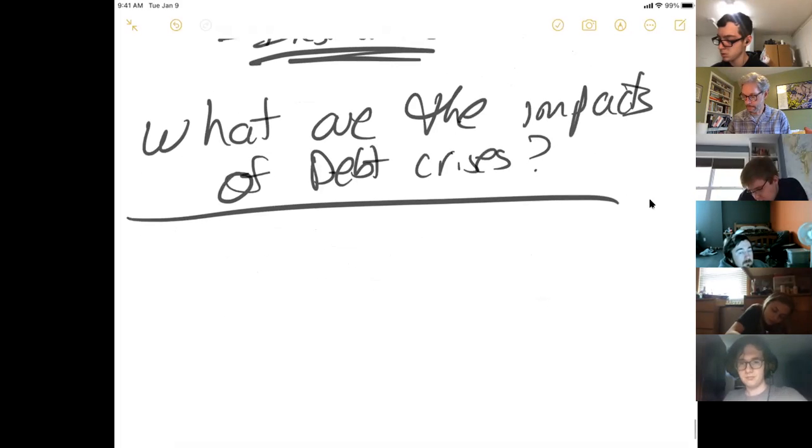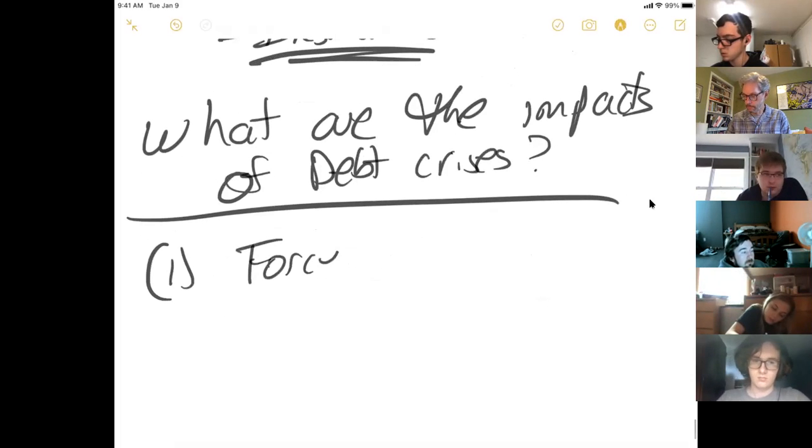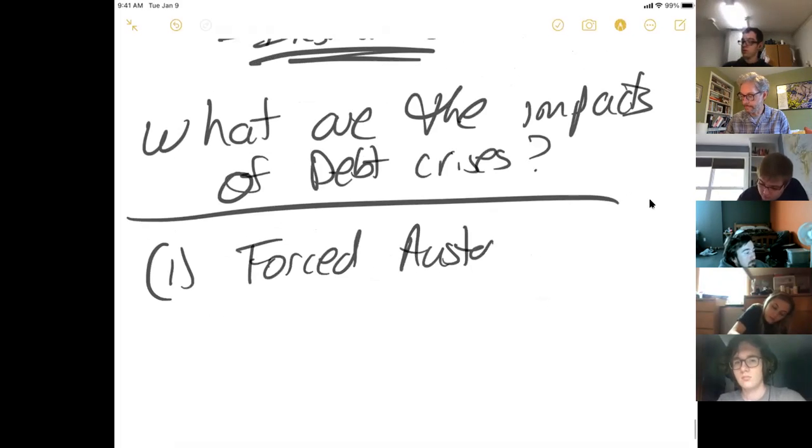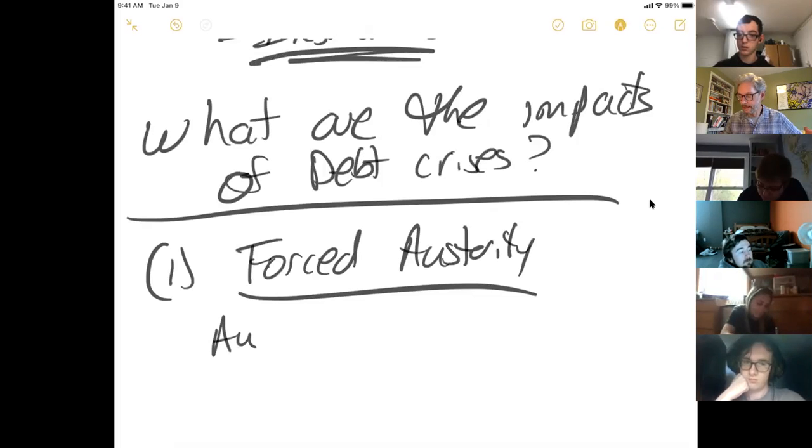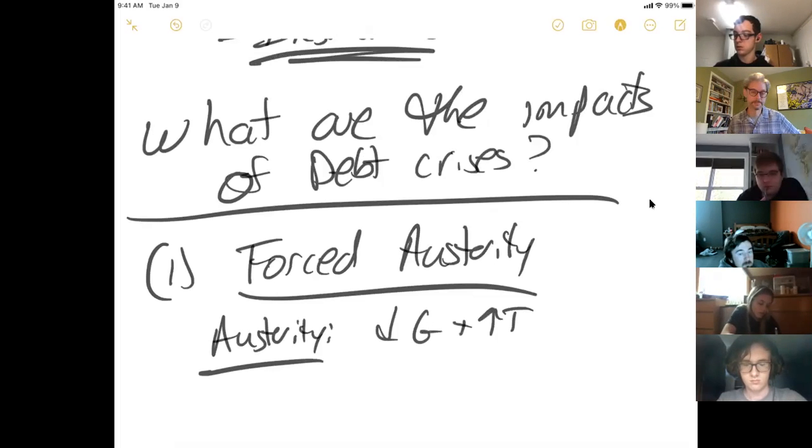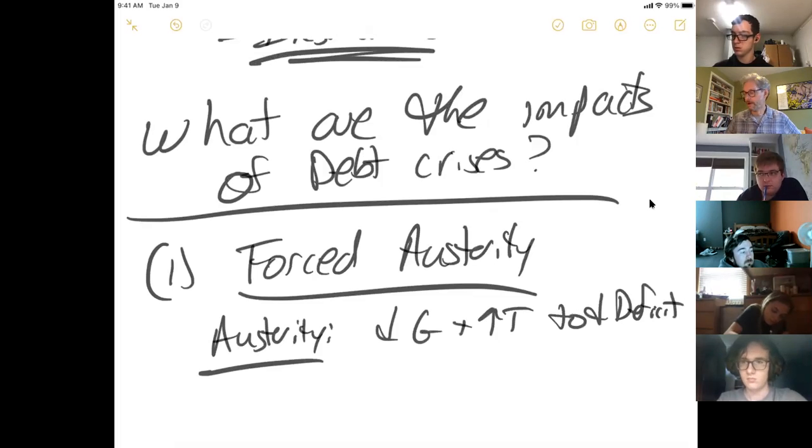But one thing that clearly happens is your government is forced into what's called austerity. And austerity is a fancy word that basically means you have to cut spending and raise taxes to reduce your deficit. So undoubtedly, one of the things going to happen is that government spending is going to drop dramatically and tax revenues are probably going to have to go up because there's no way that you can borrow anymore.